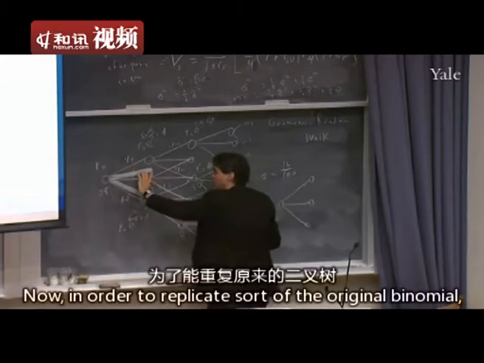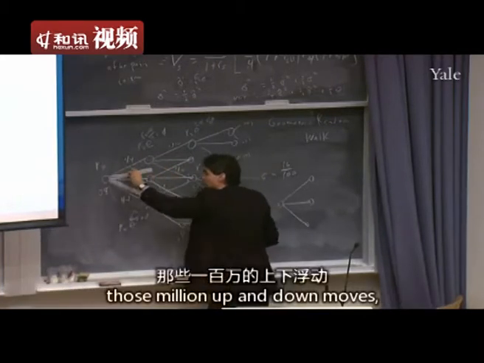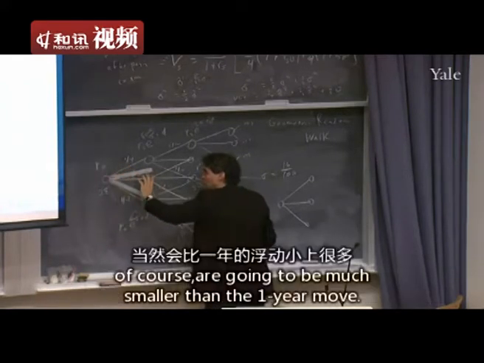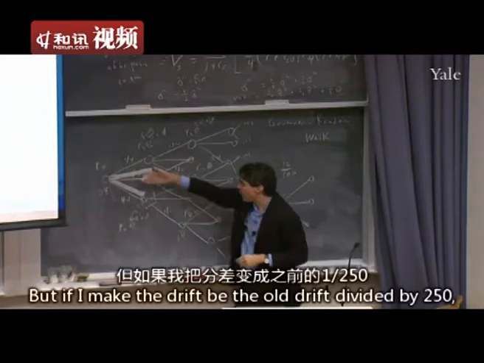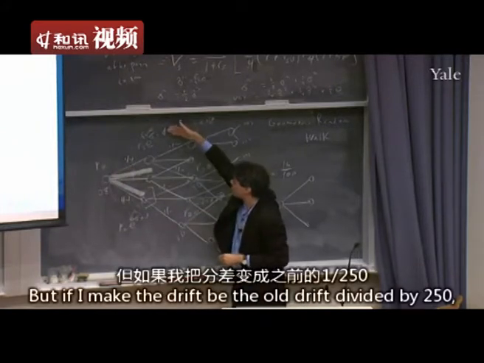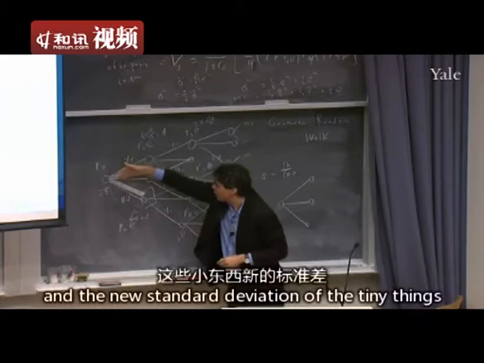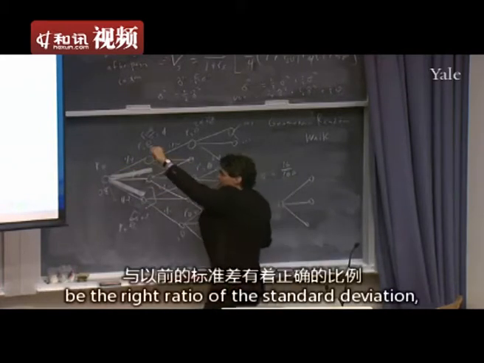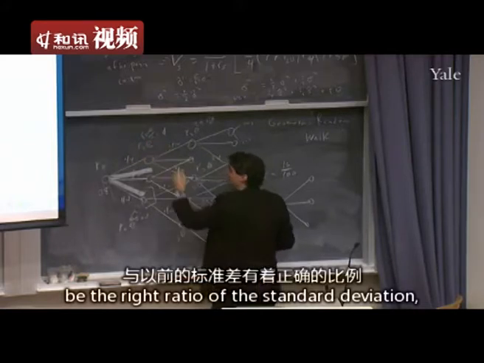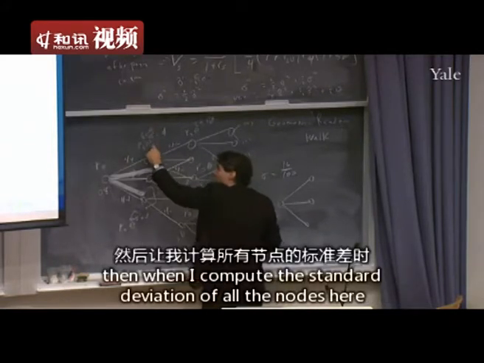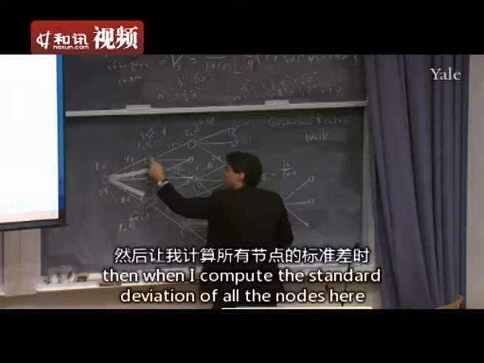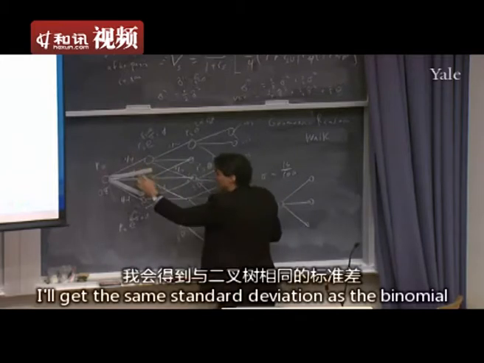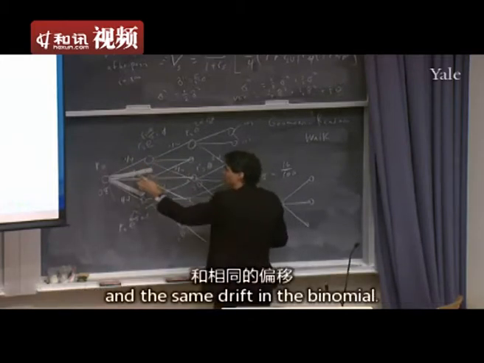Now, in order to replicate the original binomial, those up and down moves, let's say 250 of them, one every day, those daily moves, of course, are going to be much smaller than the 1 year move. But if I make the drift be the old drift divided by 250, and the new standard deviation of the tiny things be the right ratio of the standard deviation, then when I compute the standard deviation of all the nodes here, I'll get the same standard deviation and the same drift as the binomial.